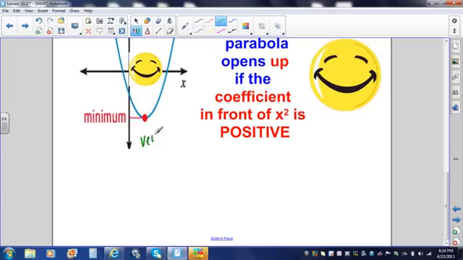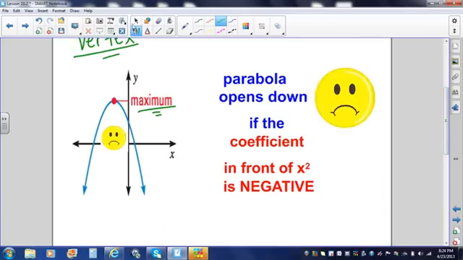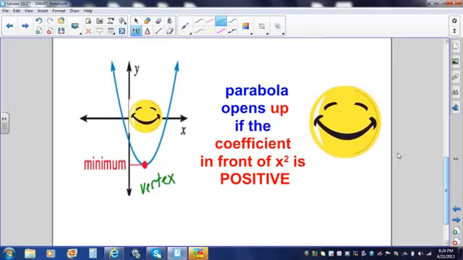That's also known as the vertex, the lowest point. And remember, we said the parabola will open down, frown face, if the coefficient in front of the x squared is negative. And we said the parabola will open up, smiley face, if the coefficient in front of the x squared is positive.